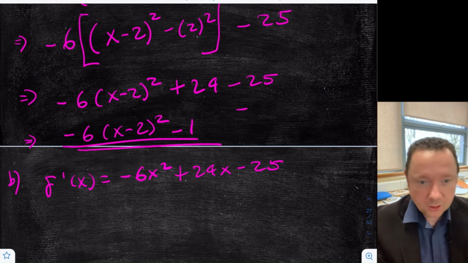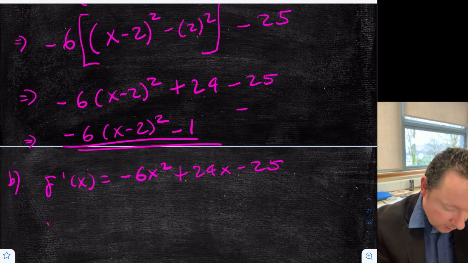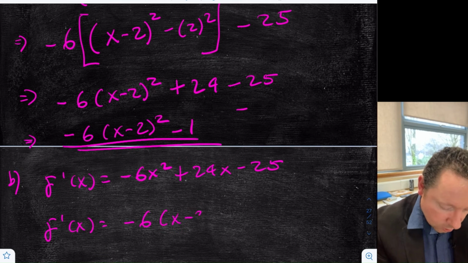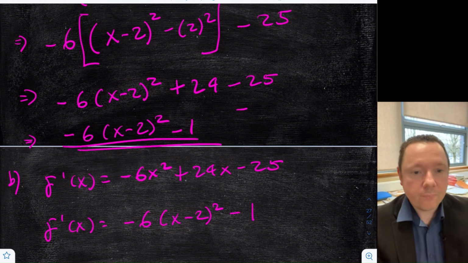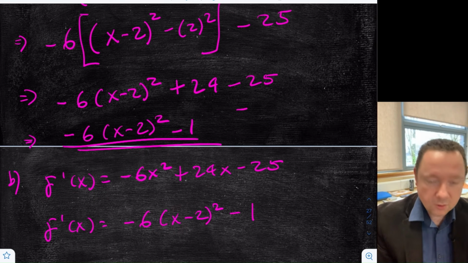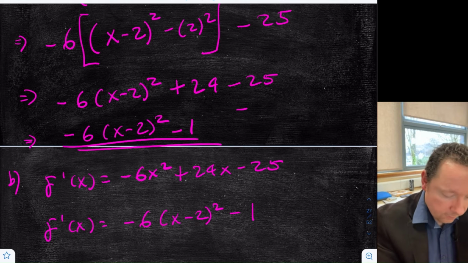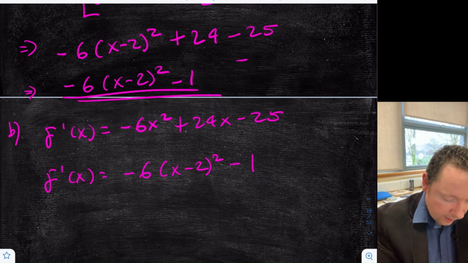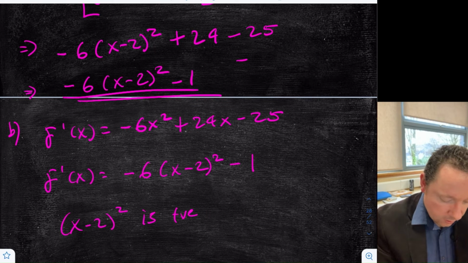So we can now just say that f dash x now equals minus 6 times x minus 2 squared, minus 1. If I pick any number for x here and I square it, I get a positive number. So that means I can then say x minus 2 squared is positive for all values of x.